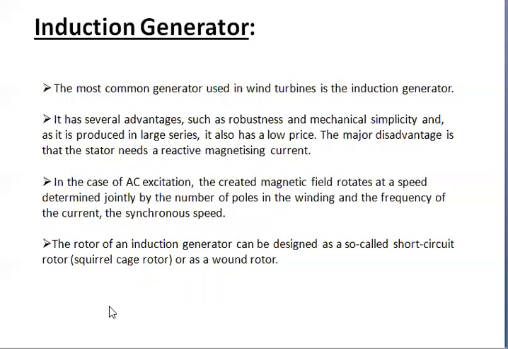The interaction of the associated magnetic field of the rotor with the stator field results in the torque acting on the rotor. The rotor of an induction generator can be designed as a so-called short circuit rotor or squirrel cage rotor, or else a wound rotor.